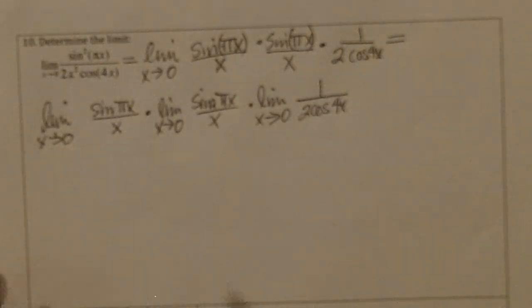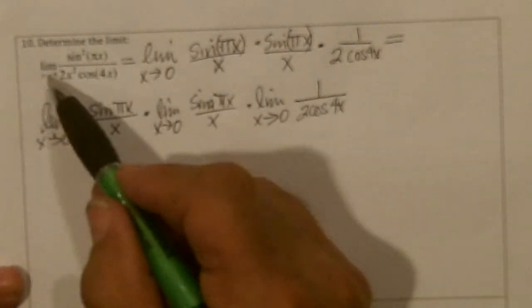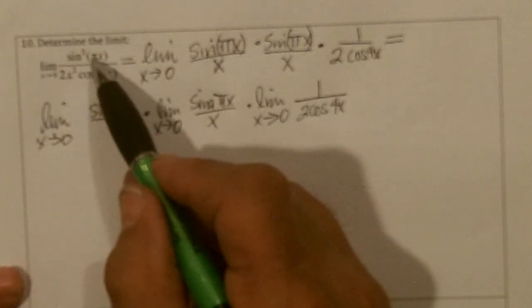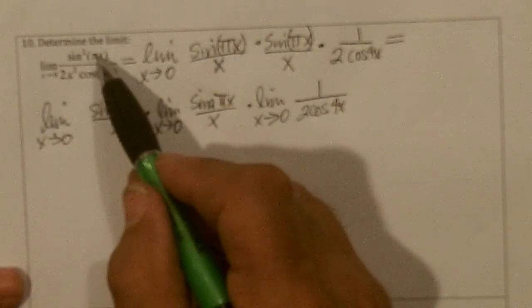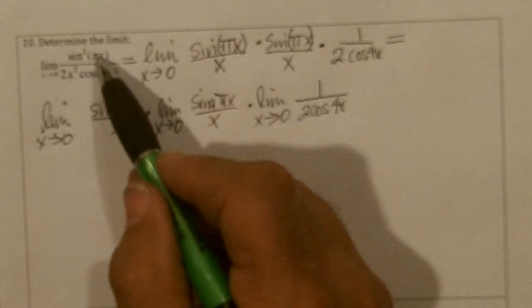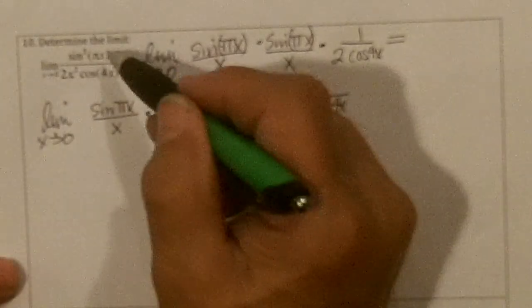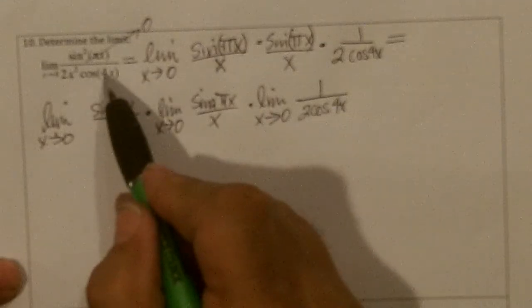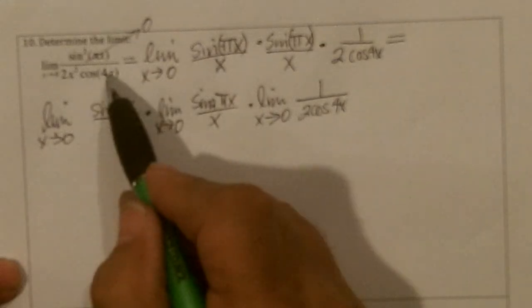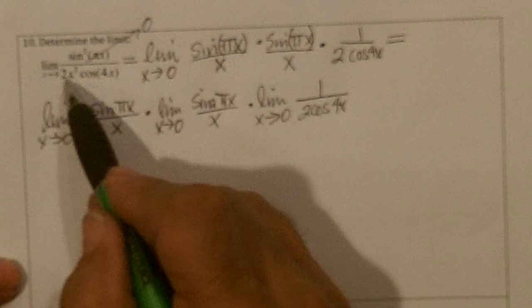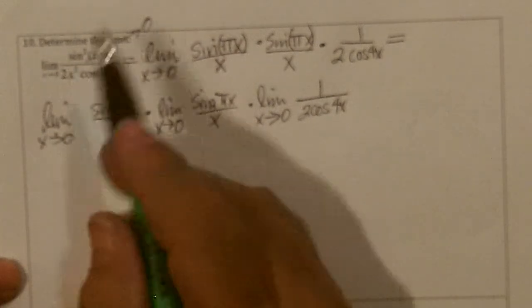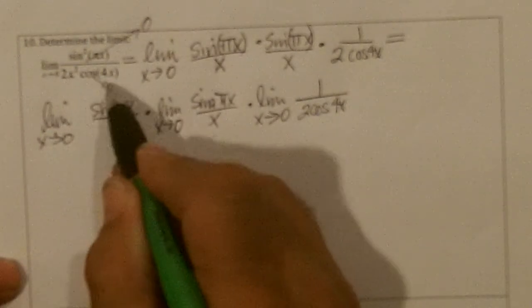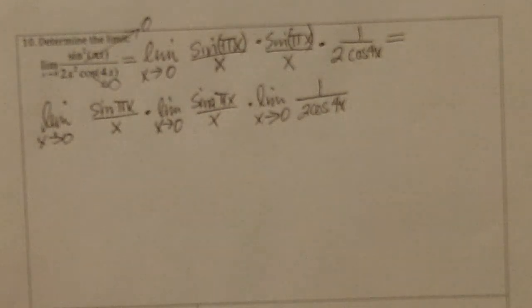Now, I should have checked earlier here. As x goes to 0, pi times 0 is 0. Sine of 0 is 0. Squared is 0, so the numerator goes to 0. And cosine of 4 times 0, cosine of 0, is 1, but 0 times that times 2 is 0, so this is indeterminate.